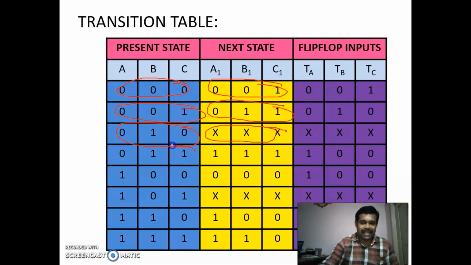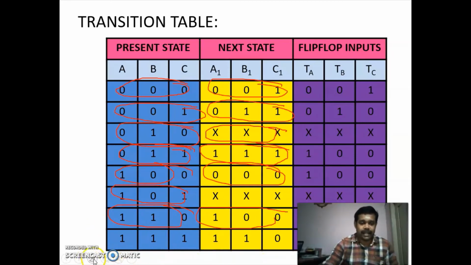If 3 is the present state, next state is 7. If 4 is the present state, next state is 0. Similarly, the next state of 5 they have not given, so we are putting it as don't care. Similarly, next state of 6 is 4 and next state of 7 is 6.